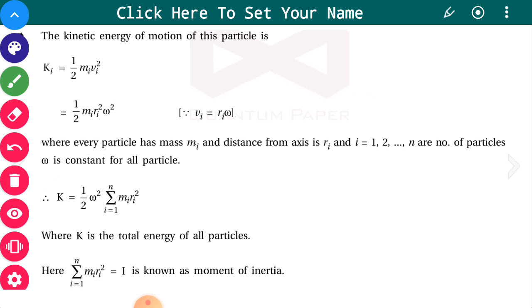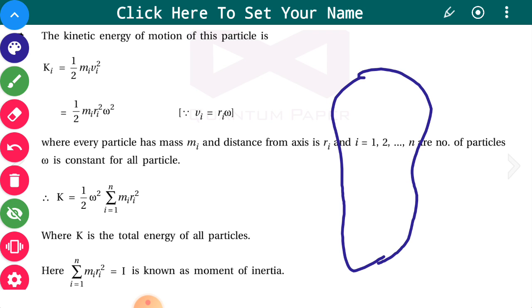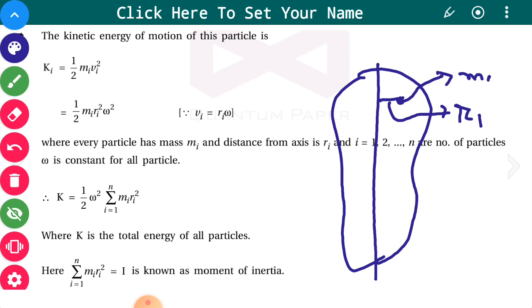Every particle has mass m_i and distance from the axis of rotation r_i. Try to understand, if you have this rigid body, and this is the axis of rotation, and this is the first particle, then its distance from the rotational axis is r1 and its mass is m1.